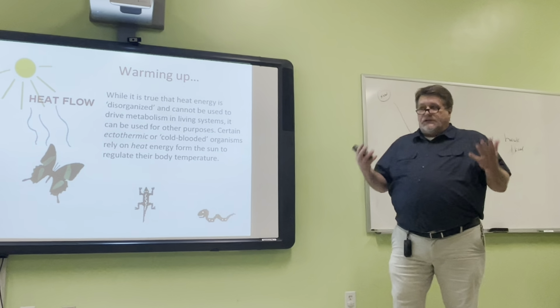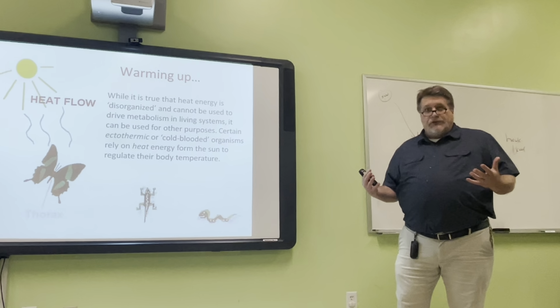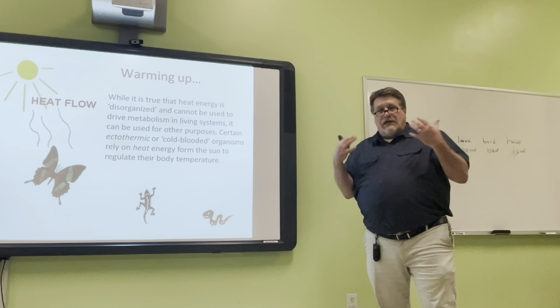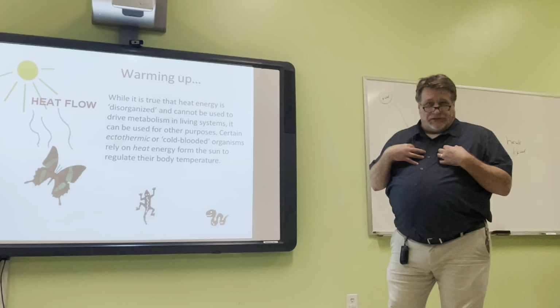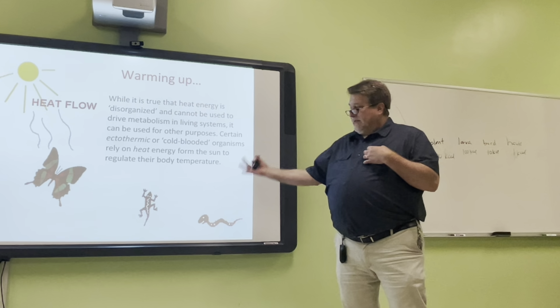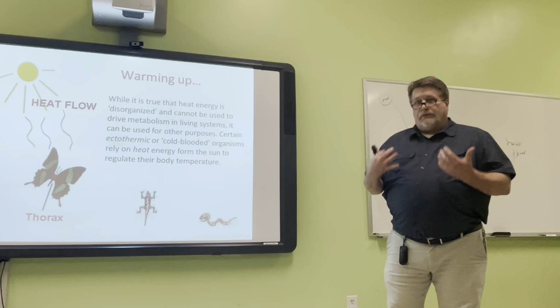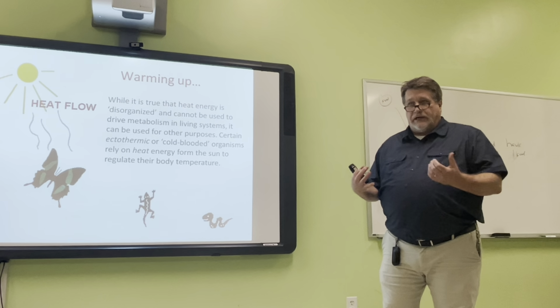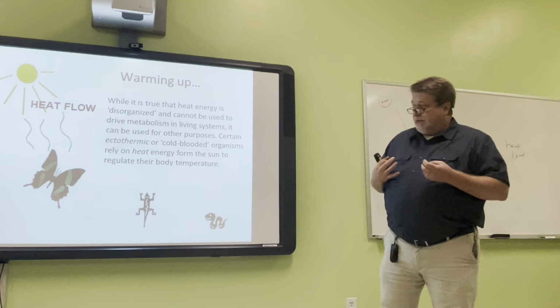Now, we said all this about heat being a useless form of energy, but that's only in terms of metabolism, acquiring it as a source of food energy. Living things still rely on heat. They have to have a certain amount of ambient temperature just to be alive.